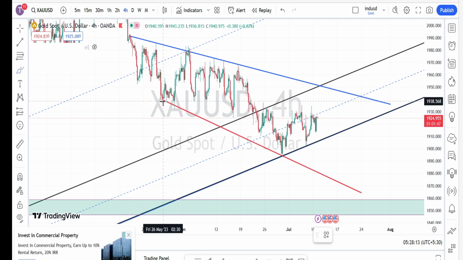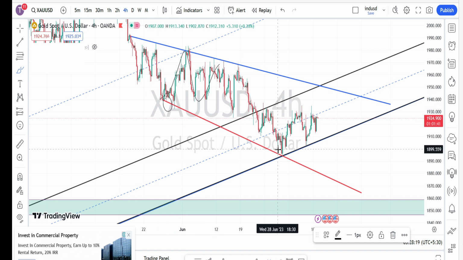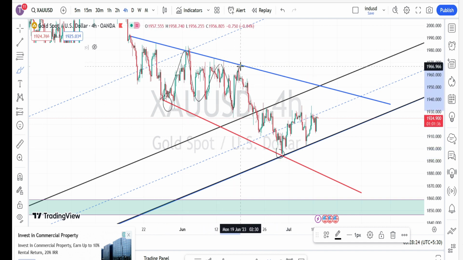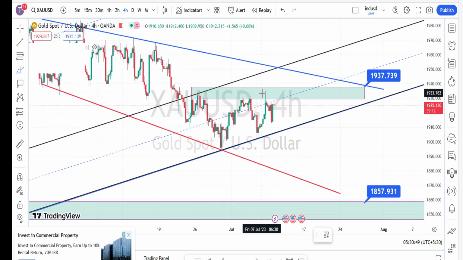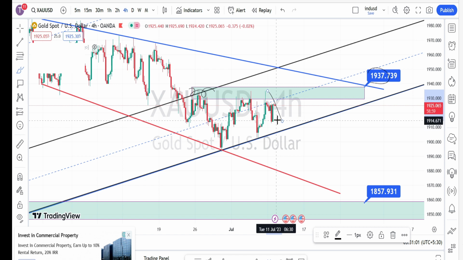For the 4 hours time frame also, when we draw a trend line connecting the previous lows of the past price action, we can notice that the price action is trading within a widening wedge formation. And here on the bullish side also we have noticed spikes to test this resistance zone, which is around 1937, and to fall every time it tested this resistance zone, which proves that this area is a very strong supply zone for the 4 hours time frame.